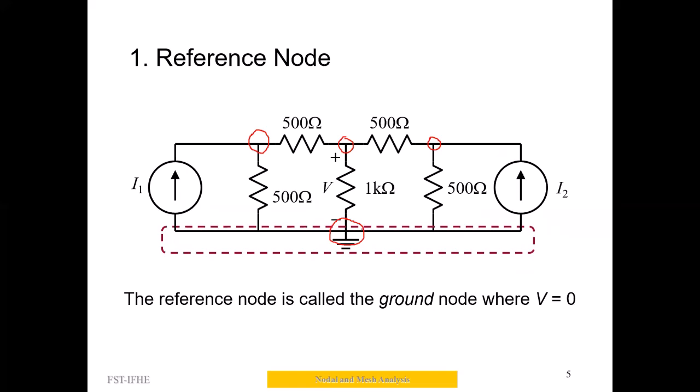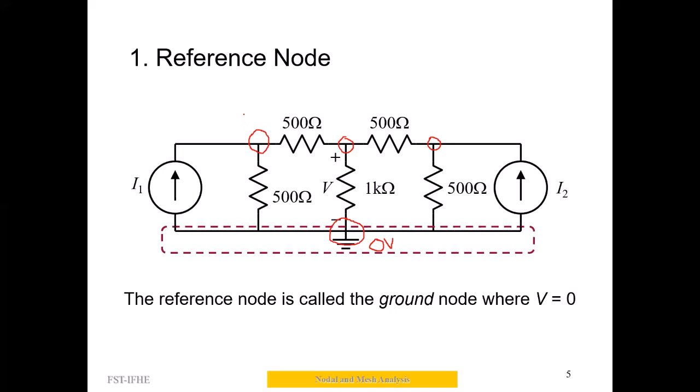You can see this fourth node is connecting 1, 2, 3, 4, 5 circuit elements, and we can consider these the higher potential nodes and these the lower potential nodes. So first identify the ground node, or the reference node, and assign this node voltage as 0 volts.